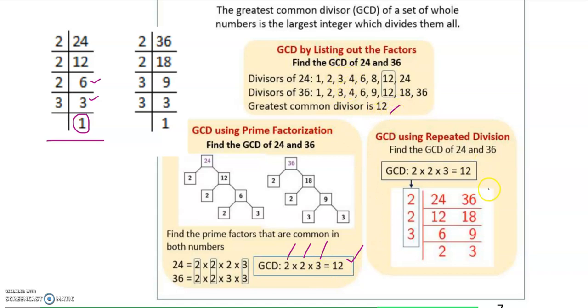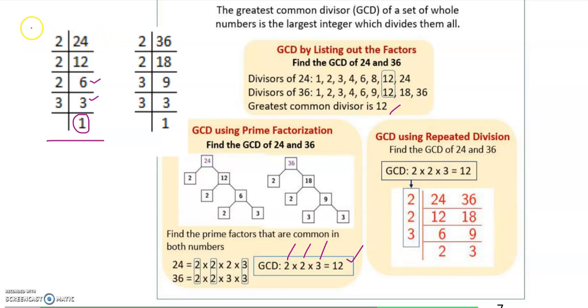same answer. See, this is called a factor tree. From this division you can write these two numbers together, do the same repeated division method, and then from this also you can do. But I prefer this method.